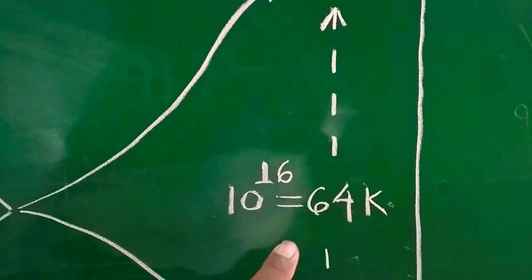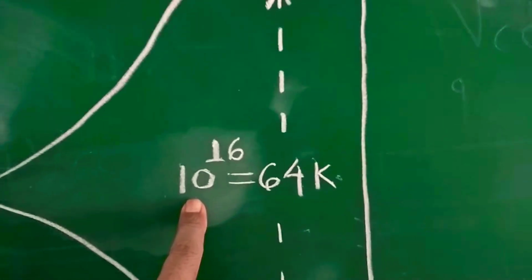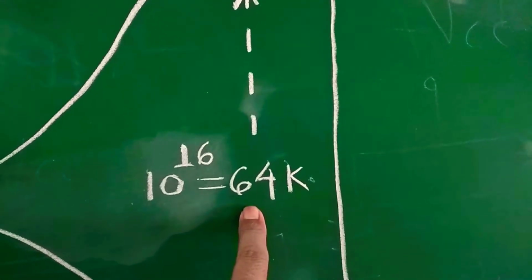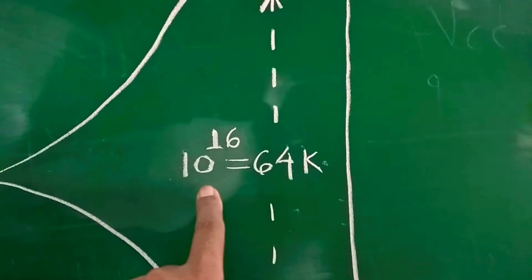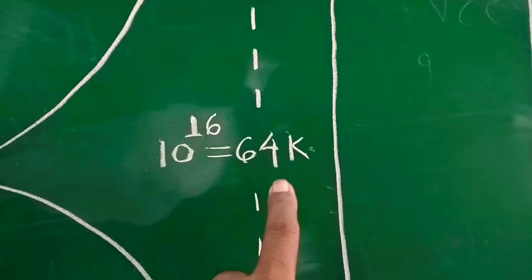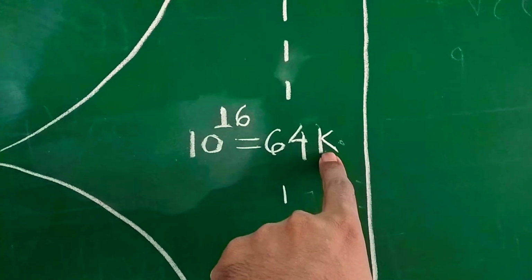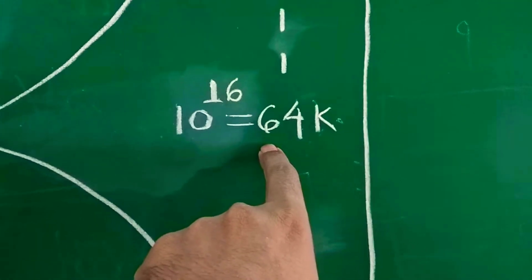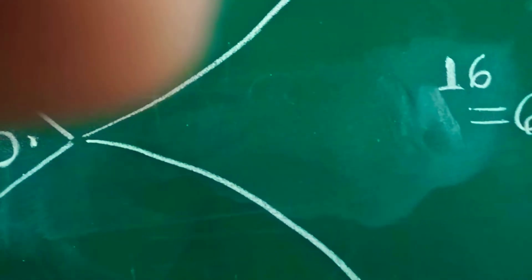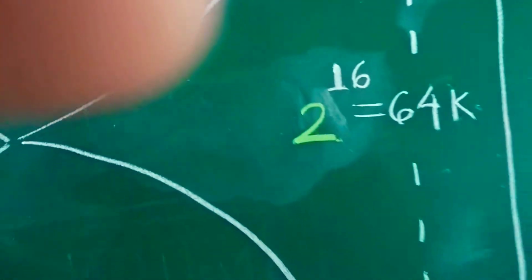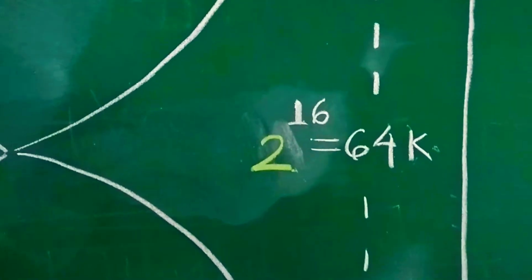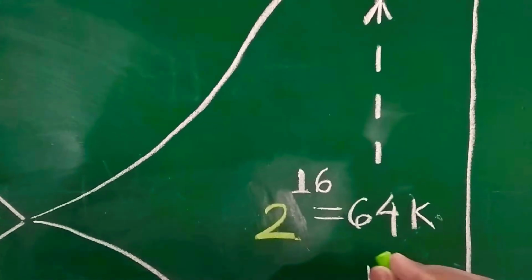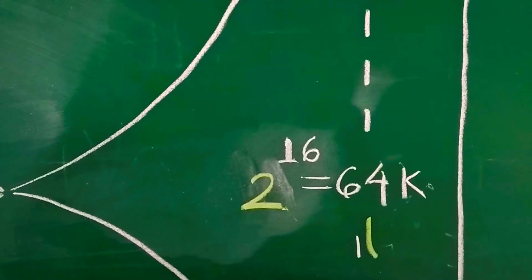Because we have 16-bit address lines, the 8085 is capable of addressing 64 kilo locations. 2 to the power 16 will be equal to 64K, where K is 1024, which is 2 to the power 10, and 64 is 2 to the power 6.